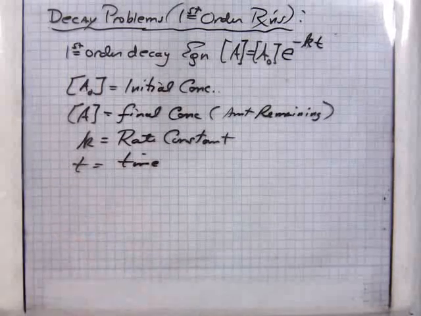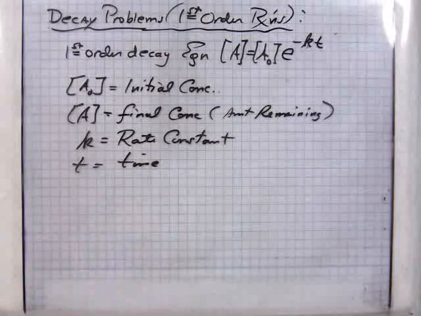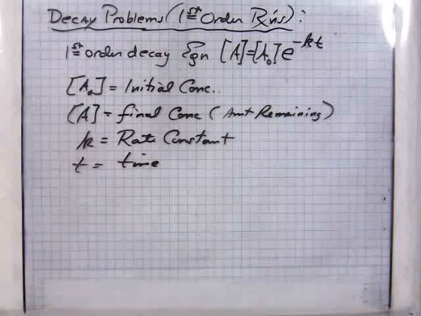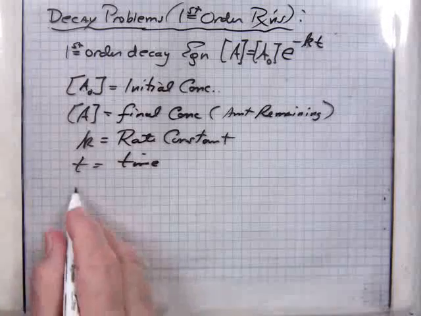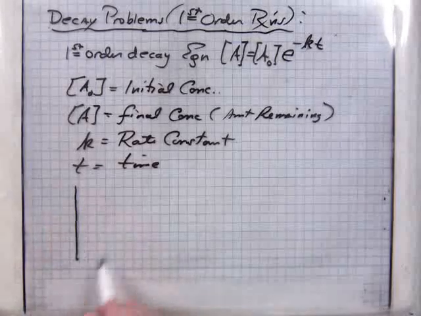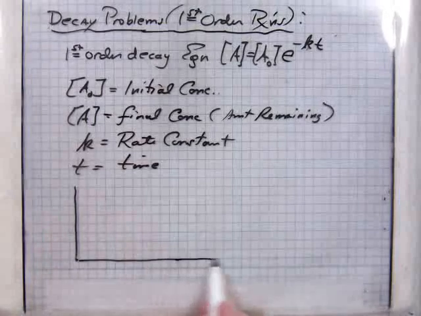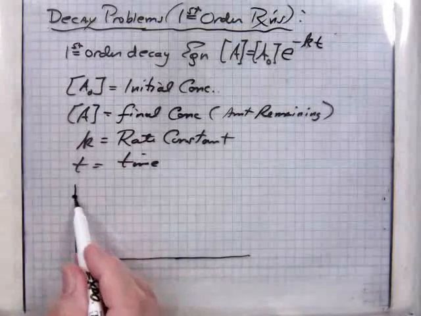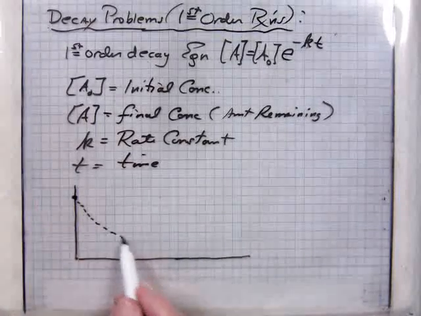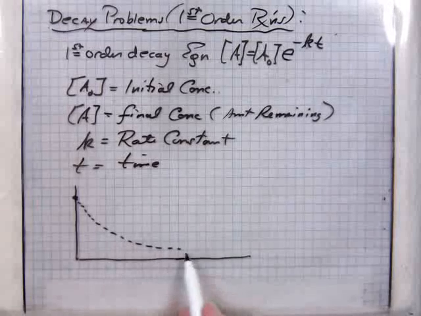Okay, a problem would be like, well, let me show you. Let me show you one other thing too that you're going to need. So what this describes, as I mentioned, is the first order rate trend, which goes along this dotted line.